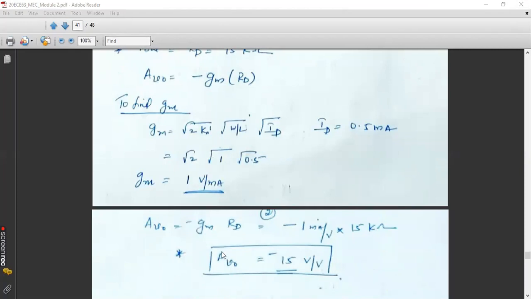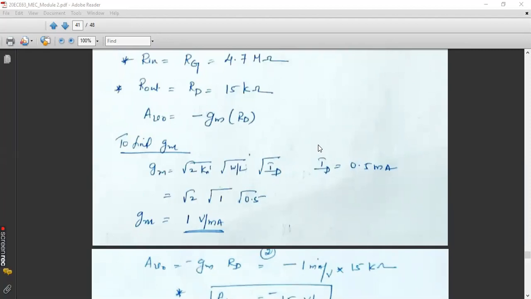So that is the open circuit voltage gain of this particular amplifier in the without R0 case. Yes, GM is equal to 1 milliampere per volt. Sorry, GM is milliampere per volt, correct. You correct it, milliampere per volt.